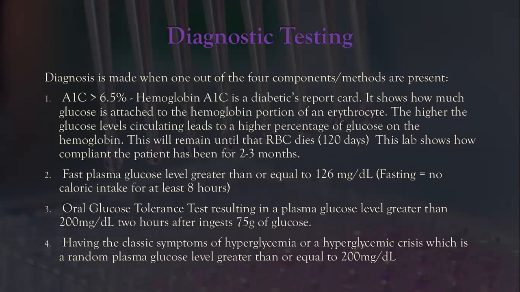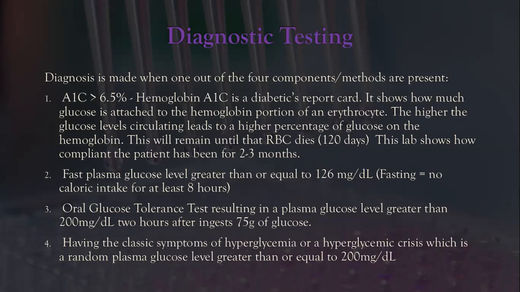And then you have a fasting plasma glucose level greater than 126. Again, fasting means no caloric intake for 8 hours. Then you have the oral glucose tolerance test, where they check your plasma blood glucose, and it's more than 200. That's after you ingest 75 grams of glucose and hang out in the doctor's office, and 2 hours later they check you. If it's over 200, you're a diabetic.